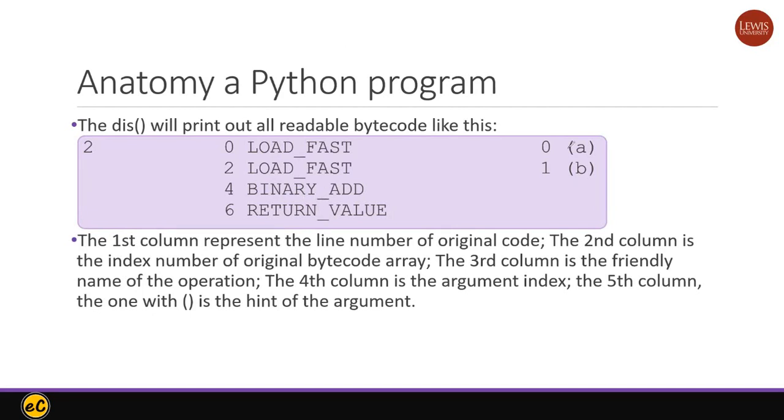This means that you load A with 0, load B with 1, and then you perform the addition on the two registers and then return the value. This is the bytecode's operation. These are the virtual machine's code instructions.